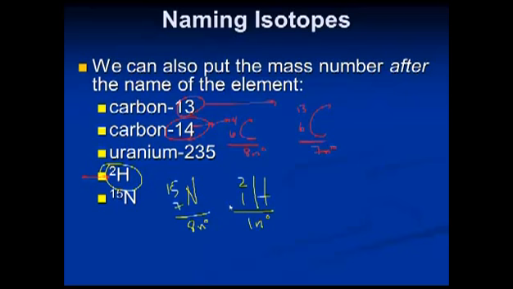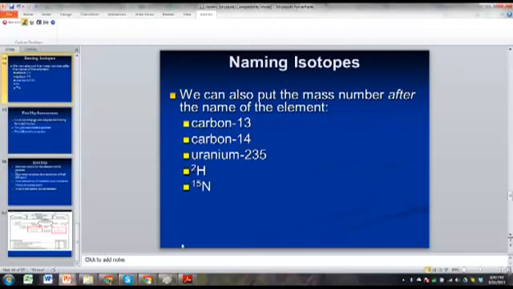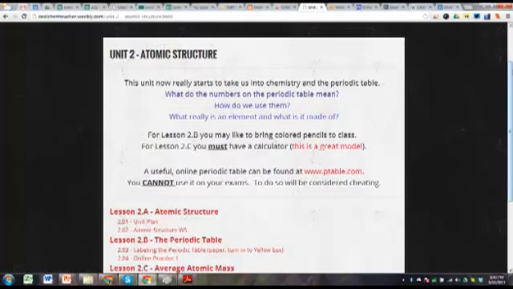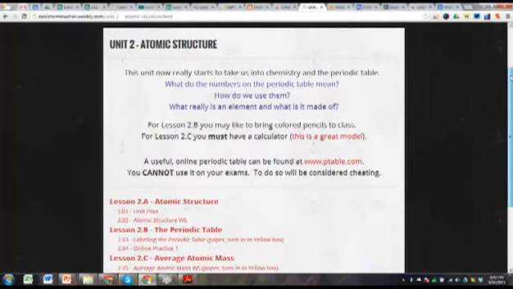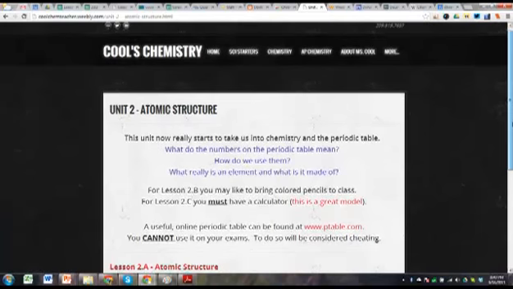On my website, there is an exit slip, so I'm going to navigate over there real quick. I still would like you to do the exit slip. Okay, so even though you were absent, if you go to my web page here, Unit 2, Atomic Structure, so under Chemistry, there's now Unit 2.